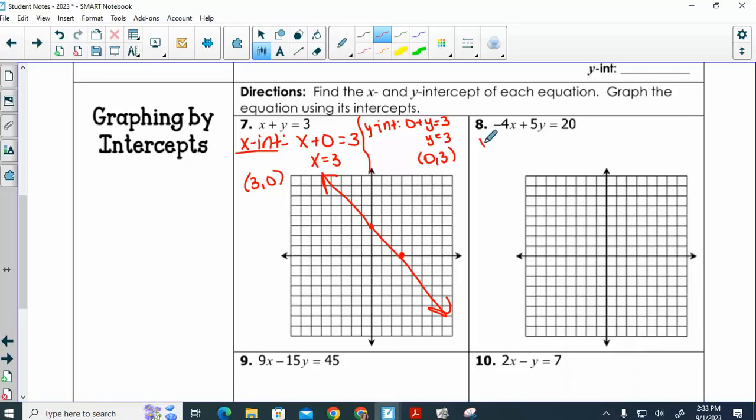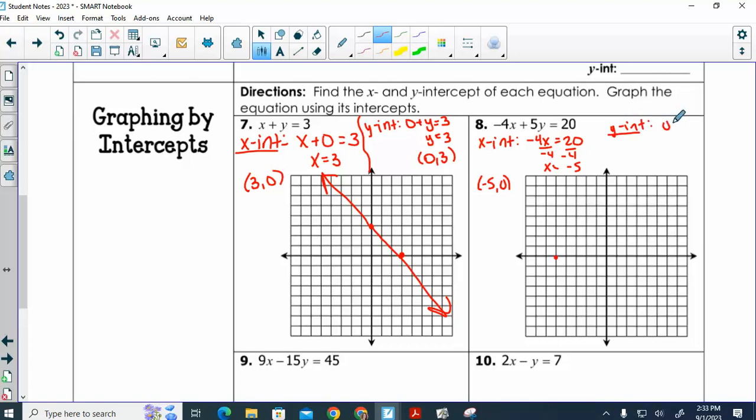Okay. X-intercept, so if your y is 0, you end up with negative 4x plus 0 equals 20, so negative 4x equals 20. Divide, and you get x to be negative 5. If I ask for the ordered pair, that's negative 5, 0. So that is the point on the x-axis. Y-intercept, plug in a 0 for x.